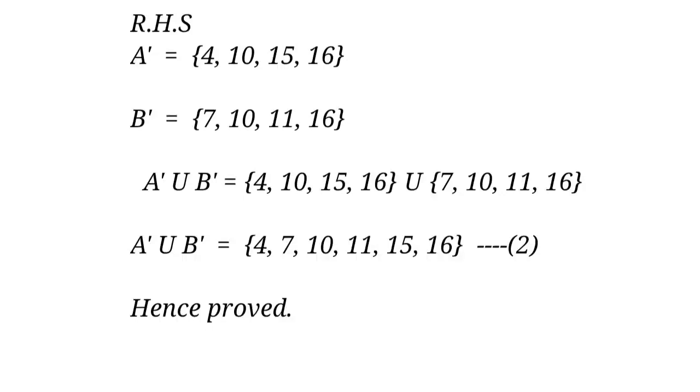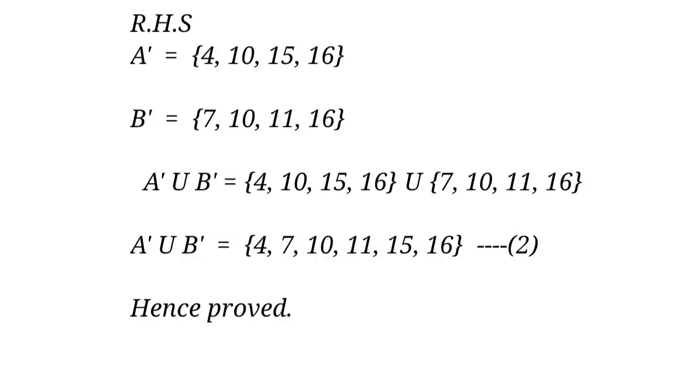Then A' union B' = {4, 10, 15, 16} union {7, 10, 11, 16}. A' union B' is for all A' and B'. Therefore, A' union B' = {4, 7, 10, 11, 15, 16}.